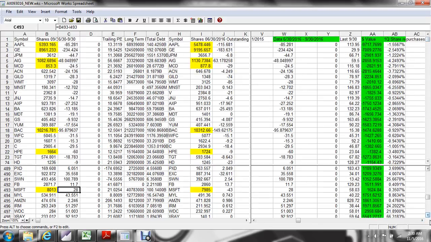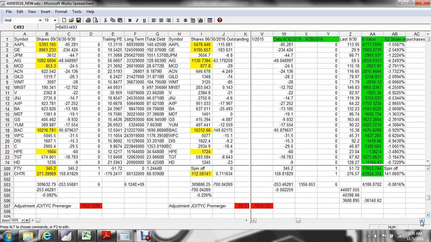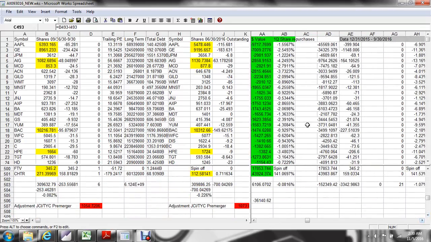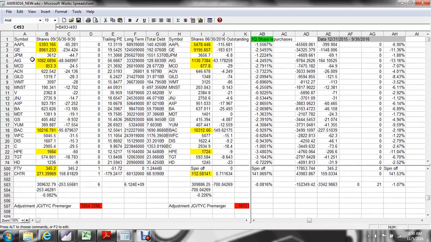The other thing that's happening, we're going to look at the percentage of share reductions in the first 3 quarters here.